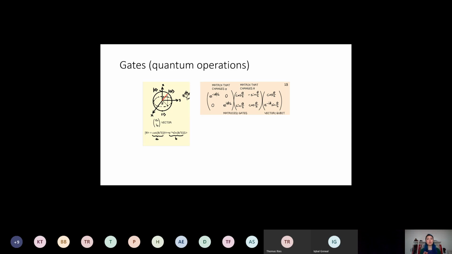In fact, there are some generalized matrices that specifically can change the angle phi and change the angle theta. So these are the arbitrary gates you can use to change the vector. So this is how mathematically you can manipulate your qubit anywhere to change these states anywhere on this Bloch sphere.